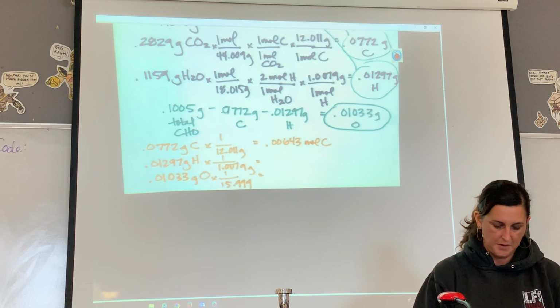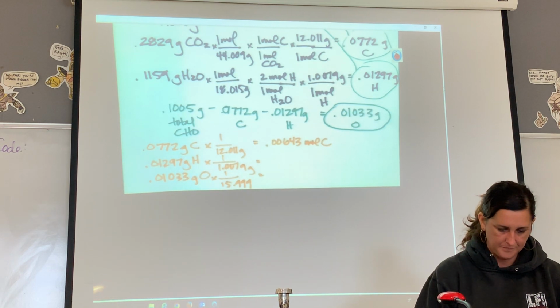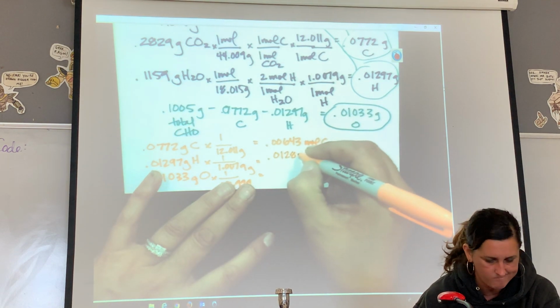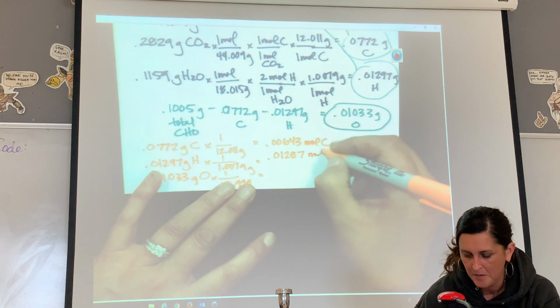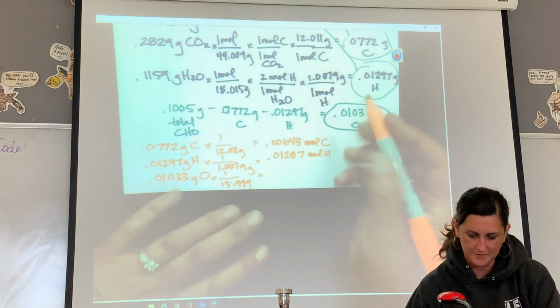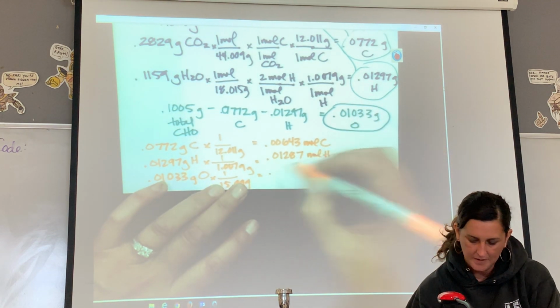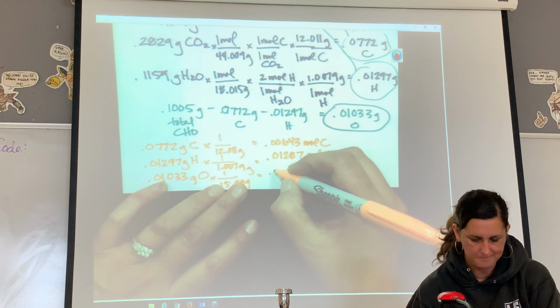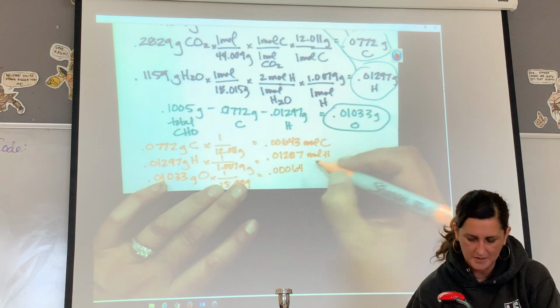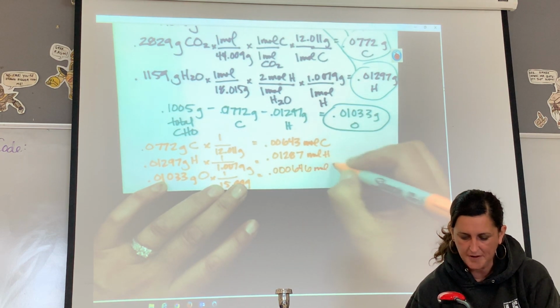And then 0.01297 grams of hydrogen gives us 0.01287 moles of hydrogen, and then we'll find our moles of oxygen, and that gives us 0.00646 moles of oxygen.